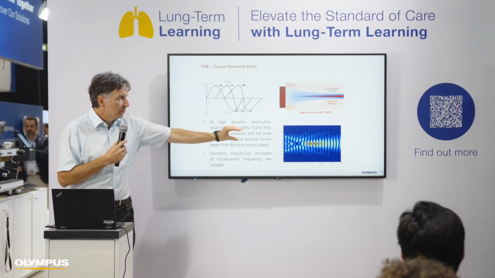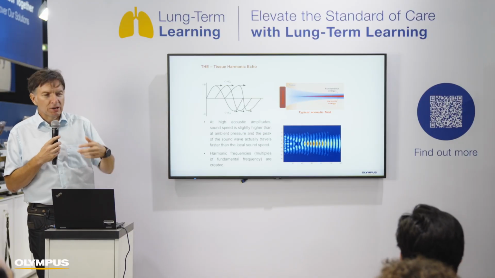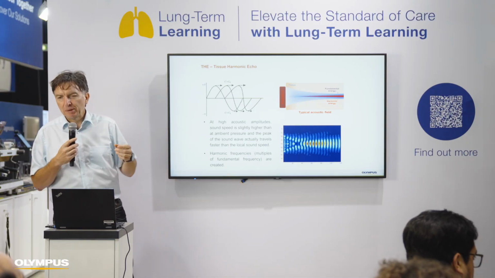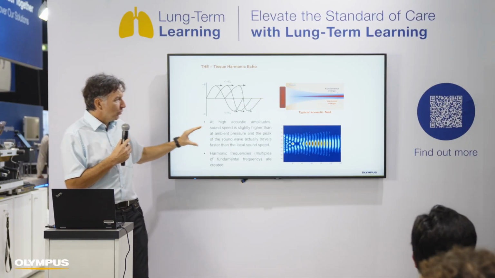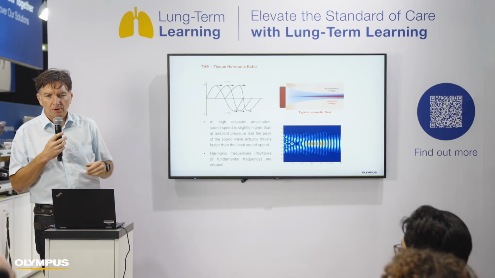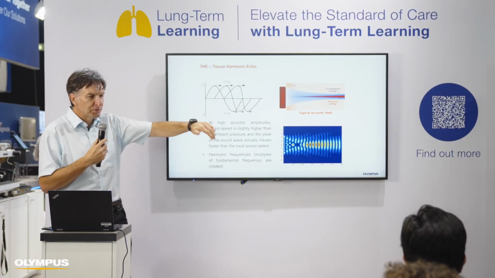It is a physical phenomenon where we put our energy, ultrasound energy, into the tissue, and I will simplify the whole story, it concentrates a little bit more in the center of the ultrasound ray, and it amplifies, and the ultrasound gets higher harmonic frequencies. So if you have 6 Hertz, the harmonic frequencies are 12, 18, 24, and so on. And these new frequencies which are developed in the tissue also reflect back.